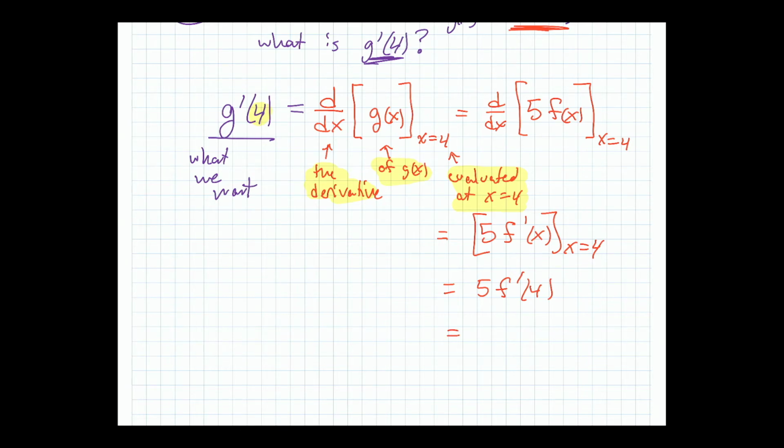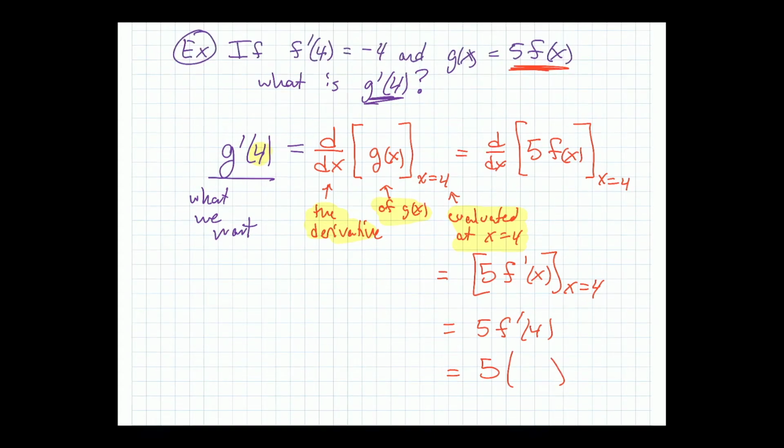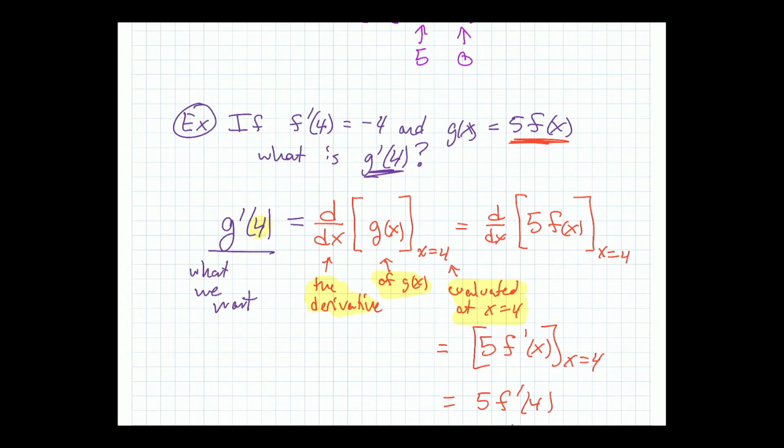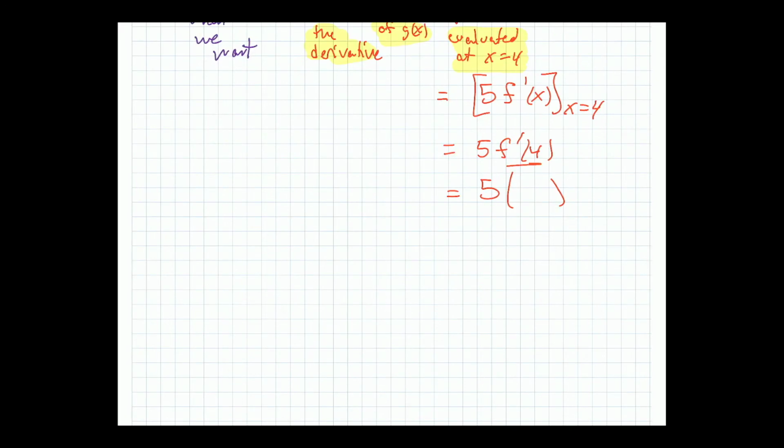Well, what's f prime of 4? They gave that in the problem. They said that f prime of 4 was negative 4. So you just come down here and say f prime of 4 is negative 4 according to the problem. So the answer is negative 20.